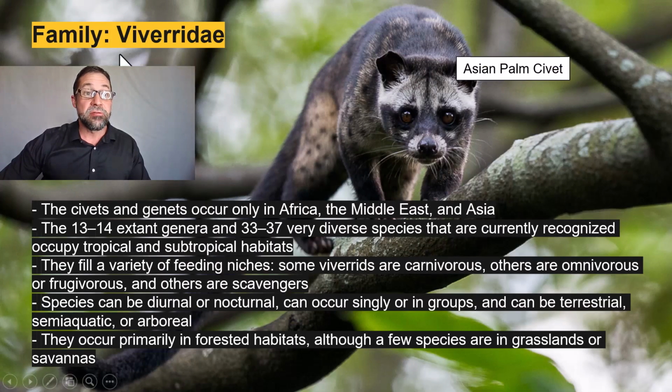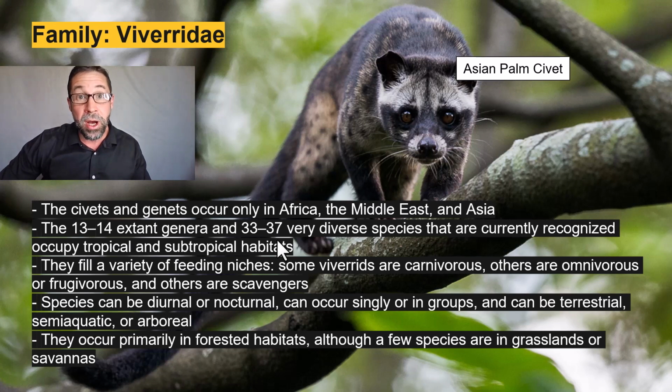The family Viverridae includes the civets and the genets, which occur only in Africa, the Middle East, and Asia. There are between 13 and 14 extant genera and 33 to 37 very diverse species that are currently recognized.